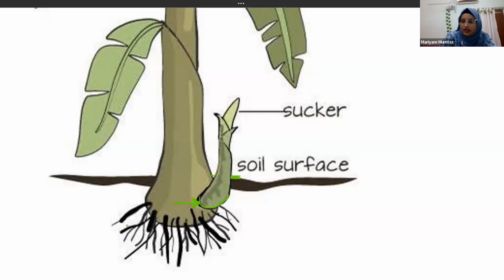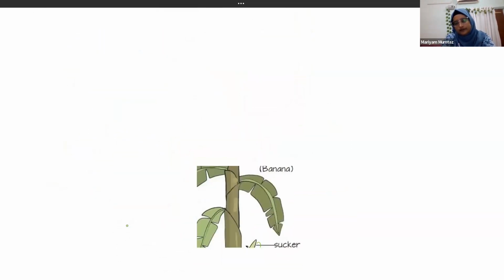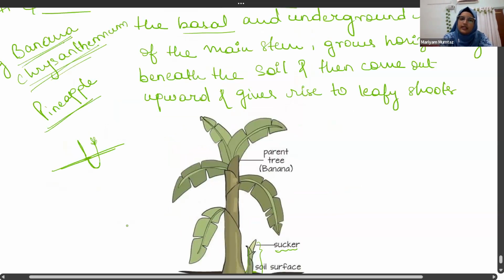Then it comes out of the soil and bears leaves. So this particular structure is known as a sucker. Okay, and it is also an underground modification of the stem. Is it clear? Yes.